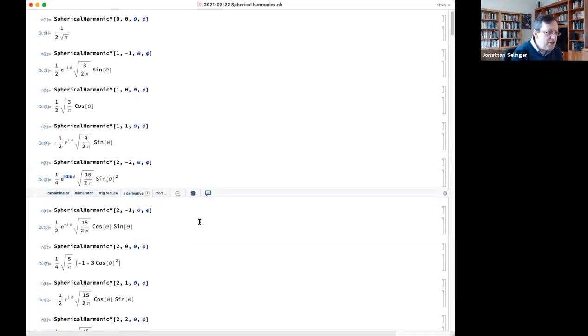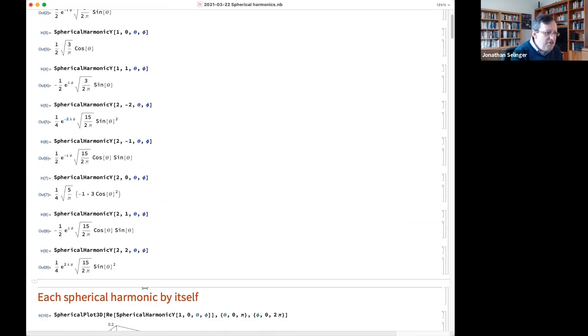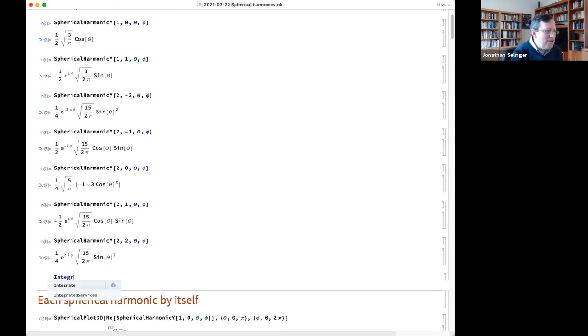Okay, so here's a list of a whole bunch of these functions. Here, let's check and make sure that the normalization works right. Okay, so if I want, here, I didn't practice this. Let's see if it really works. Okay, so if I want to integrate sine theta, that's the measure of integration, okay? And then let's try this one, the spherical harmonic 2, 2.